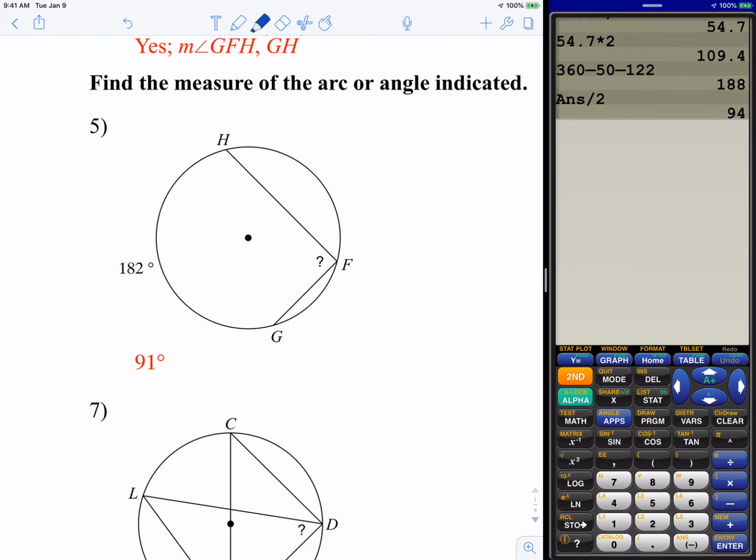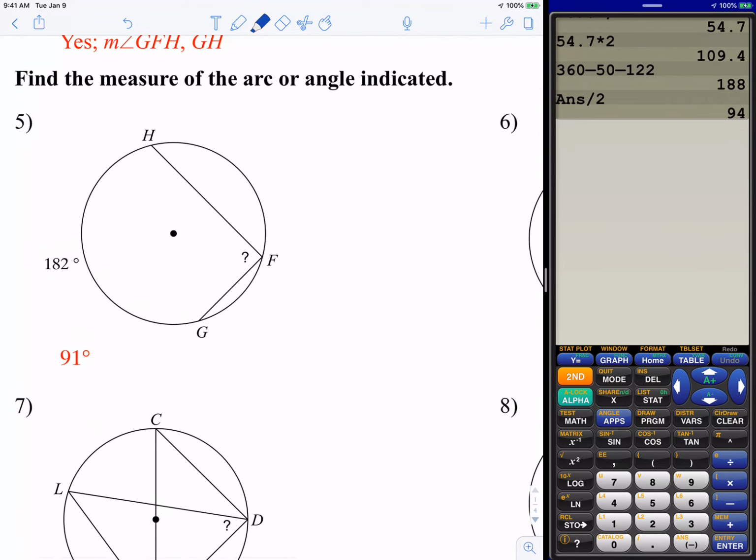All right, now with the measurements. Number five is 91 degrees because here's the angle we're trying to find the measure of. Here's its intercepted arc. So angle F is half the intercepted arc.